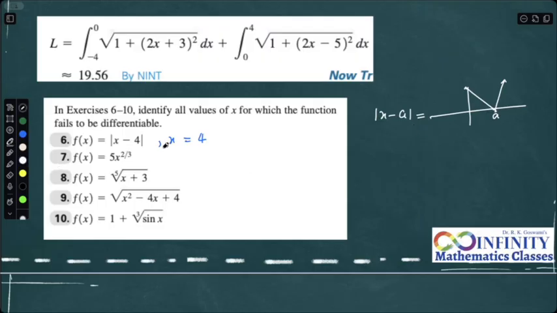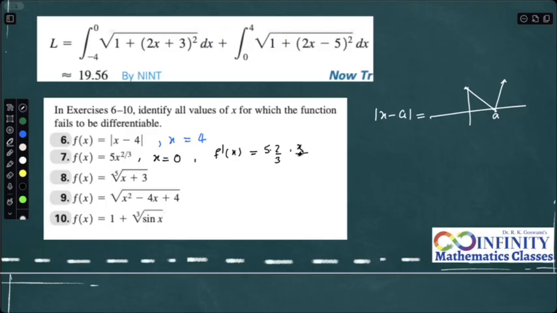Do the same exercise for the second one. At what point is the function not differentiable? It should be differentiable everywhere from negative infinity to infinity. No, just try to differentiate. When you take the derivative, it is going to be 5 into 2 by 3 x power negative 1 by 3.